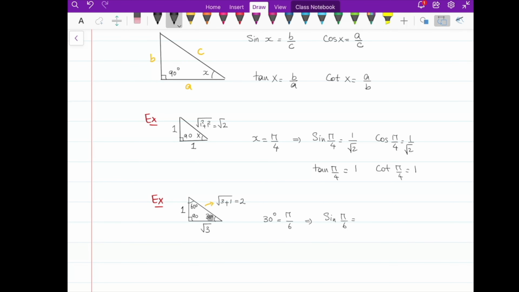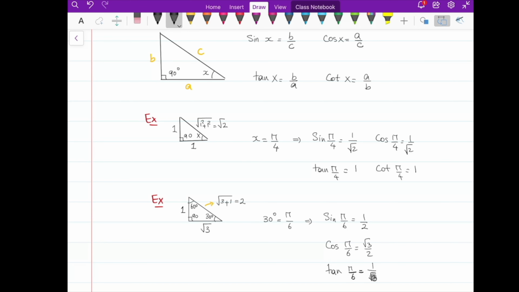So the sine of 30 degrees would be the front side, which would be 1 over 2. And then I have cosine of pi over 6, which would be root 3 over 2. And tan of pi over 6, it would be this over that, 1 over root 3, and cotan would be the flip of it, root 3.